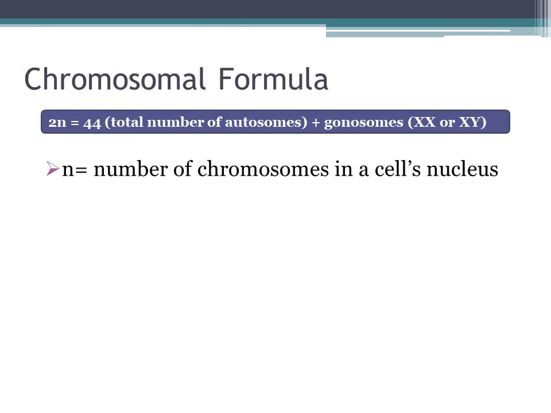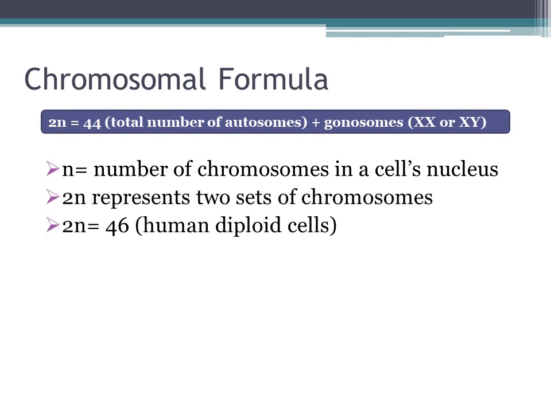A chromosomal formula can be written in another way, which is 2n equals the total number of autosomes, which is 44 in case of humans, plus gonosomes, which can be XX for a female or XY for a male. n is the number of chromosomes in a cell's nucleus, whereas 2n represents two sets of chromosomes, since chromosomes are present in homologous pairs.